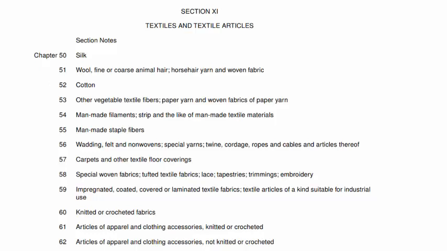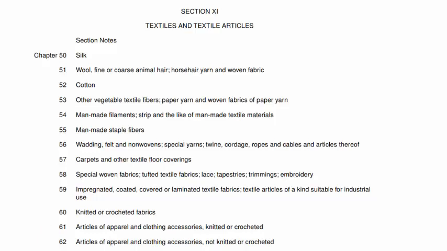Moving down, 57, carpets and other textile floor coverings. That's pretty specific as far as a chapter goes. We're interested in moving a little bit further down. In fact, our example will come from Chapter 62, articles of apparel and clothing accessories not knitted or crocheted.